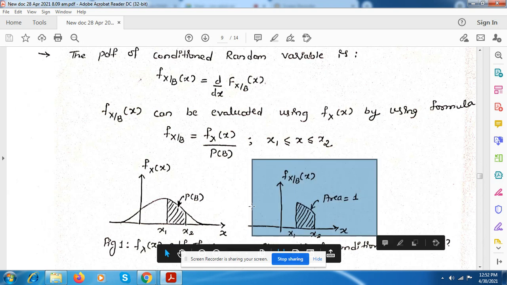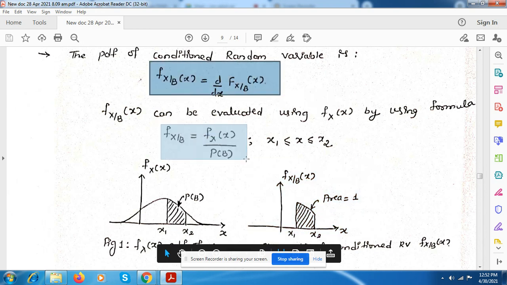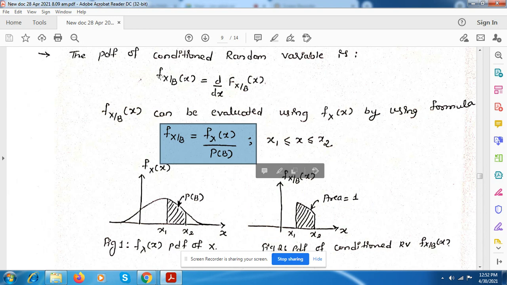So this is the graph for the conditioned PDF, and the total area under this curve will always be equal to 1. So you have to take down both these equations in your notes, that is, conditioned PDF is the differentiation of conditioned CDF, and conditioned PDF is equal to f_X(x) divided by the probability of B.